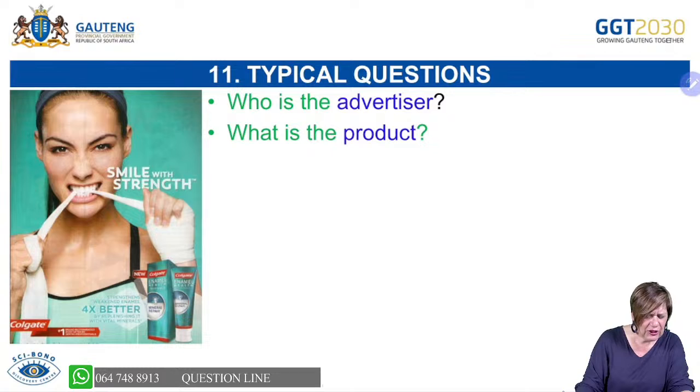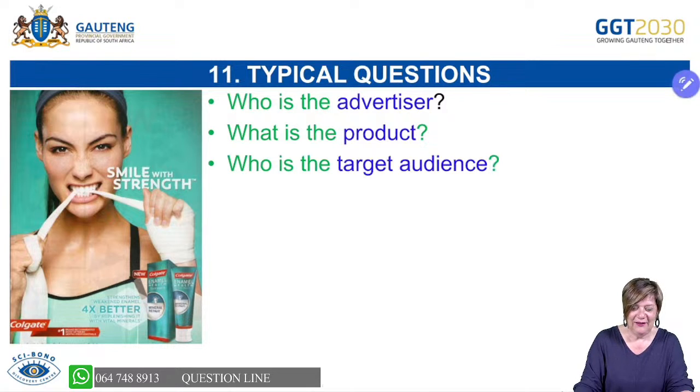It looks like toothpaste, but in your picture, when you get it in the exam, it will be much clearer and you will be able to tell us exactly what the product is. Who's the target audience? Right, in this case, it would be anyone who wants their smile to be as white, bright, and as strong as the lady in the advertisement.